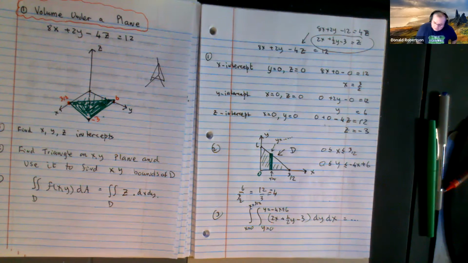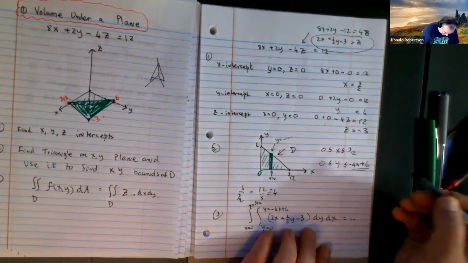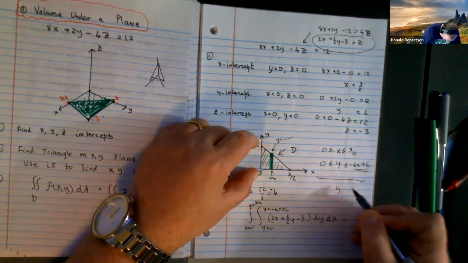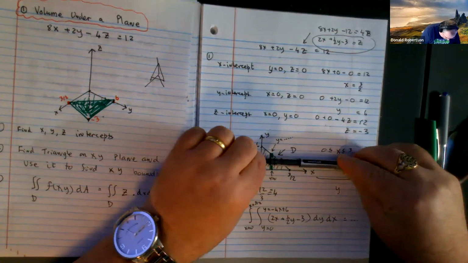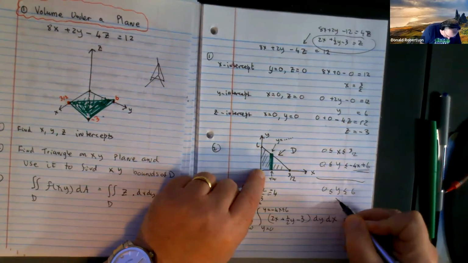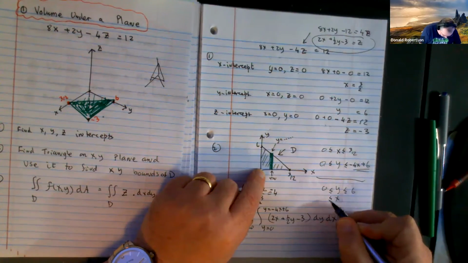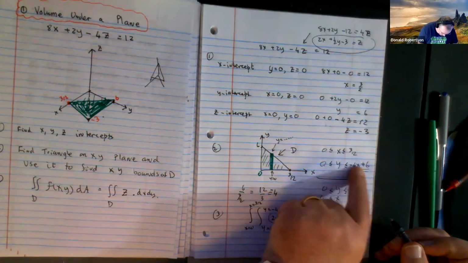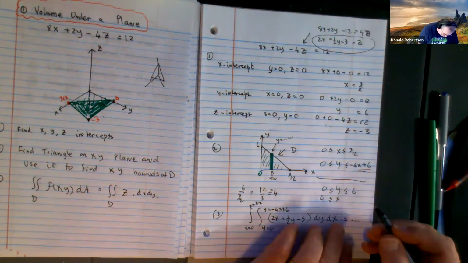Right? Nice numbers. Now, if I decided to do it the other way, in other words, scan horizontally, I would be saying y would go from 0 to 6, which is fine. And what would x look like? Well, x would be 0 to this straight line. But if you rearrange this straight line, what do you get?